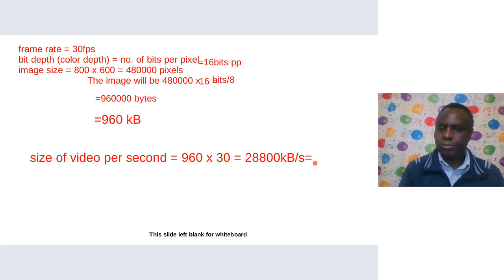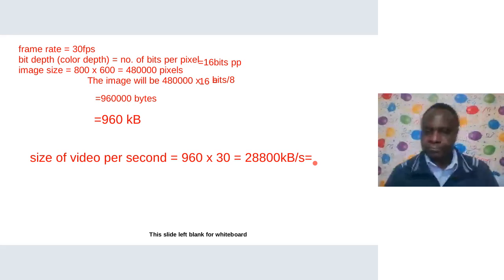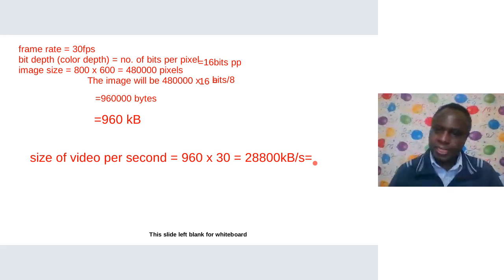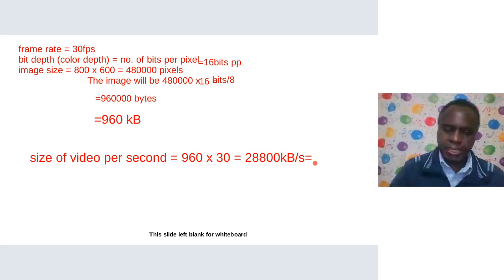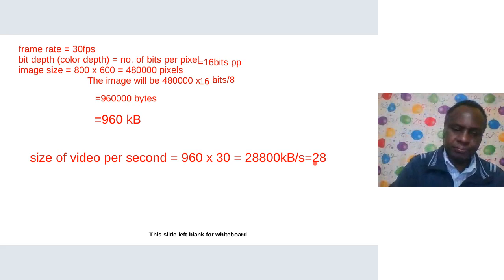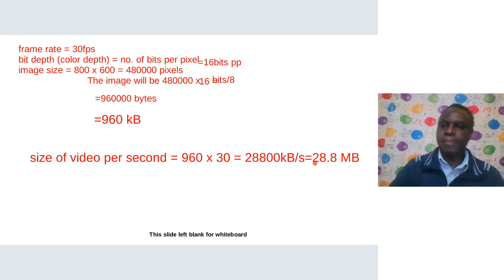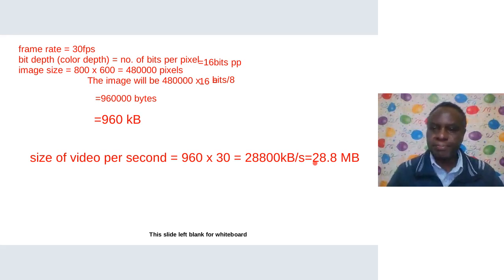So megabytes, this of course just divide by 1,000 again. We get 28.8 MB. MB is capital M, capital B, megabytes.